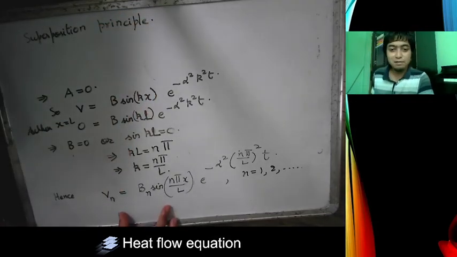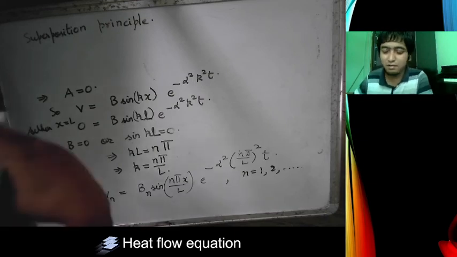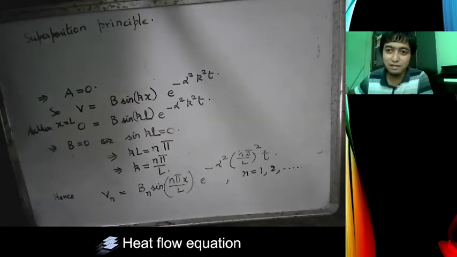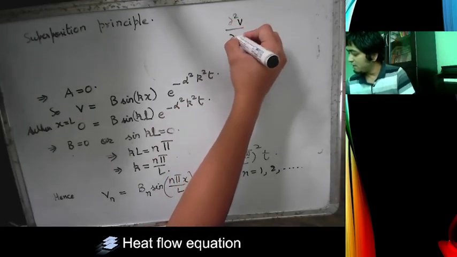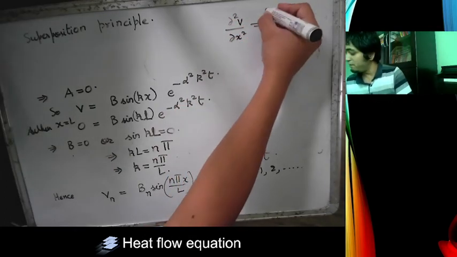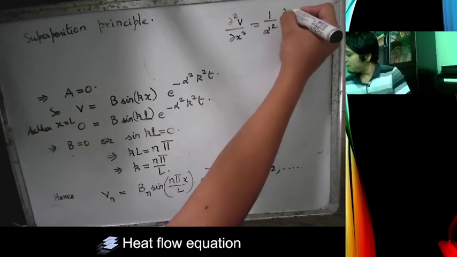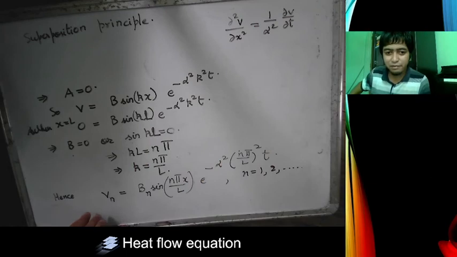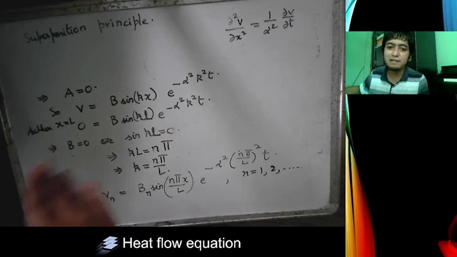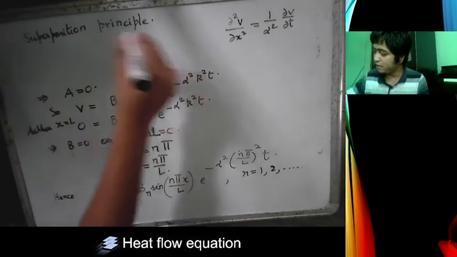If this one is a solution of that diffusion equation, del 2V, remember that we had to replace it with V, del V del T. So if this is a solution, even if you take a linear combination of these solutions, it will still be a solution. So what can we do?